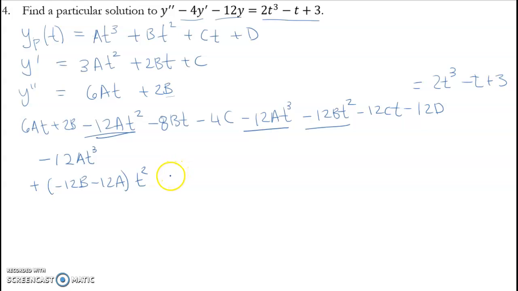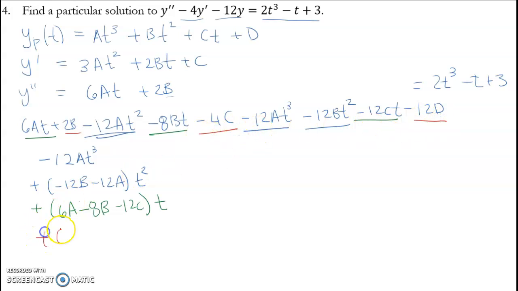Okay. And let's now add the t's. So those three things are the ones that we see. So we add 6a minus 8b minus 12c t. Okay, and lastly, just the terms without the t's. We have those three.